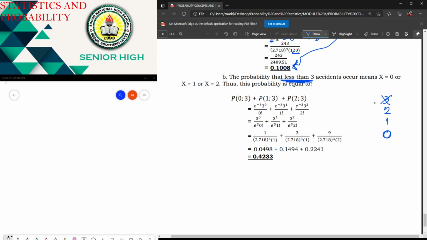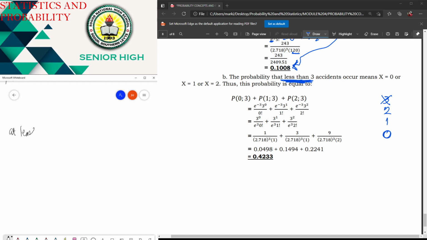3 is not included because it's not less than or equal or at least. So we have at least, we have at most. I'm going to define it: at least 3, at most 3, greater than 3, less than 3. So if I'm going to change this one into mathematical sentence, at least 3, that is x greater than or equal to 3.